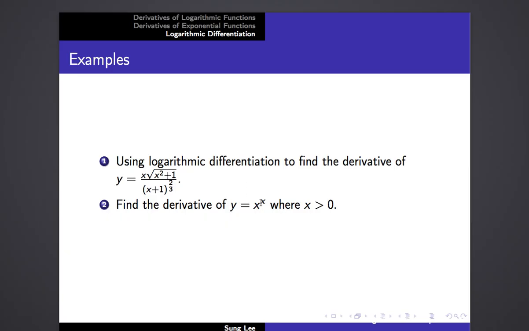Power law works when the exponent is a fixed number, but in this case, it is not a number. It is another function, another variable. So again, I'm repeating that. You can't use the power law here. So this is some weird function, but no problem.